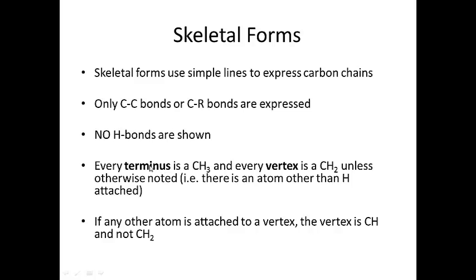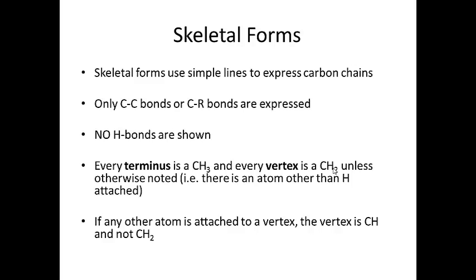And what's important to remember, every terminus, meaning the end of every line, is a CH3, and every vertex is a CH2, unless otherwise noted. What I mean is, unless there's another atom other than hydrogen attached to that carbon, then it's assumed to be either a CH3 if it's at the end of a line, or a CH2 if it's where 2 lines come together.